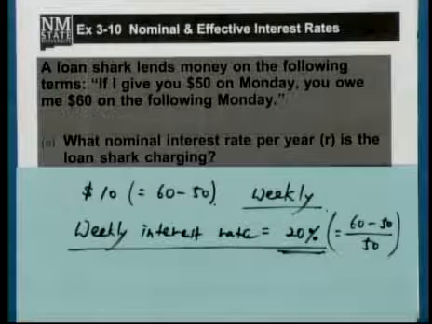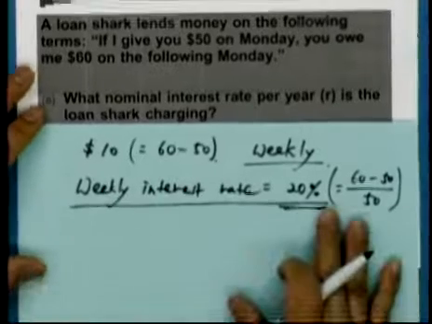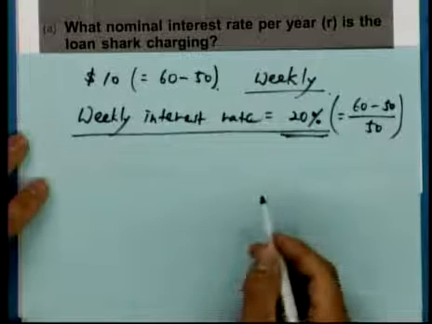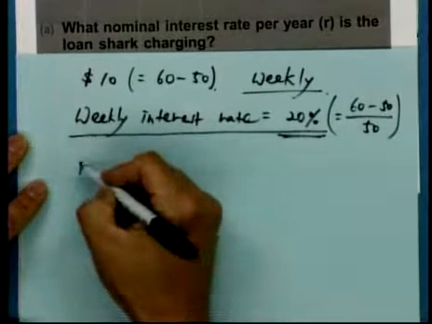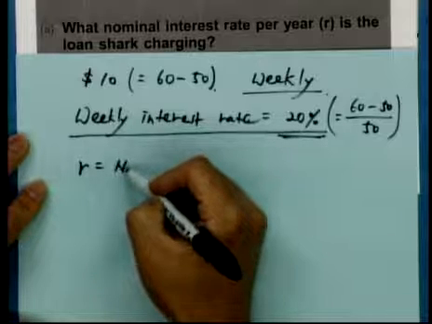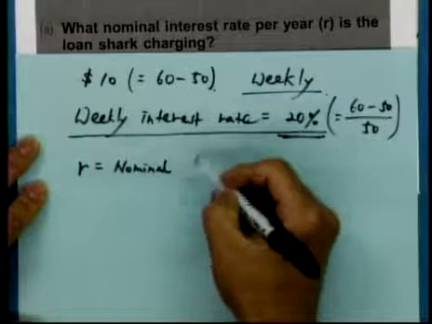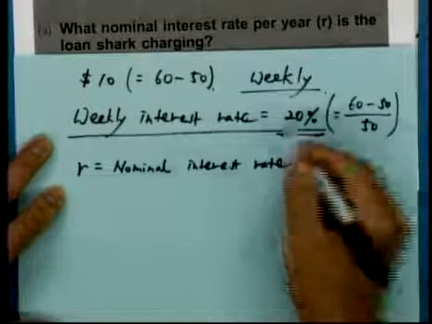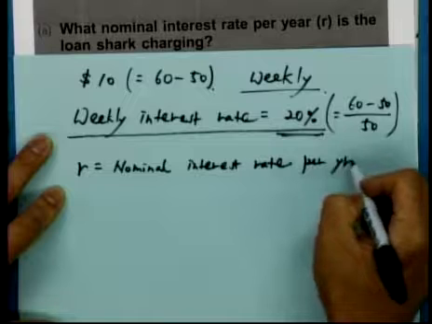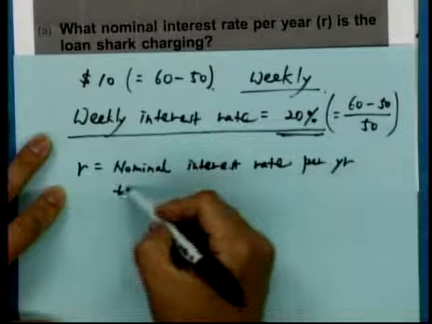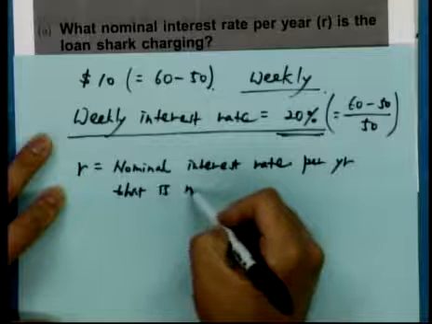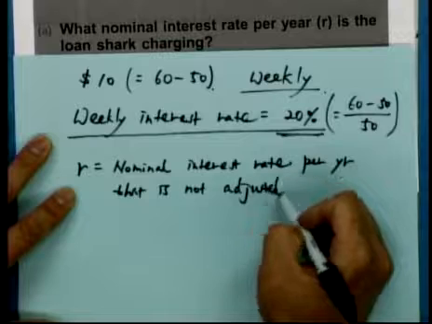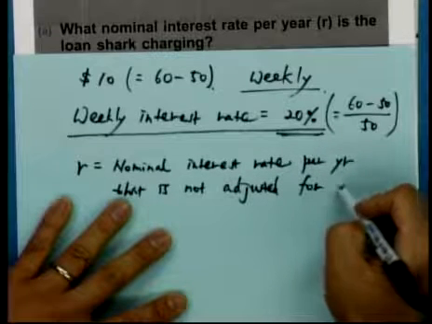So how to get the nominal interest rate per year in this case? So we've learned that r is the nominal interest rate per year that is not adjusted for compounding.